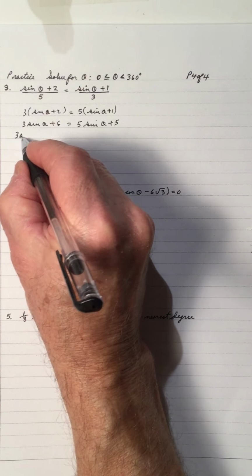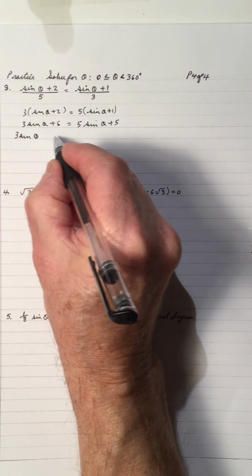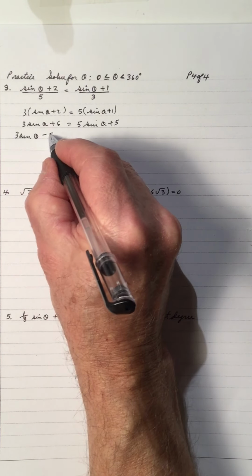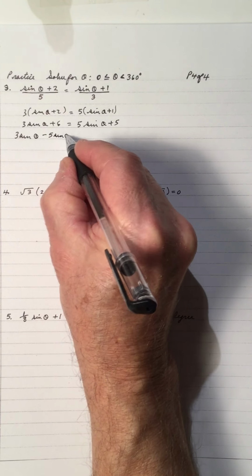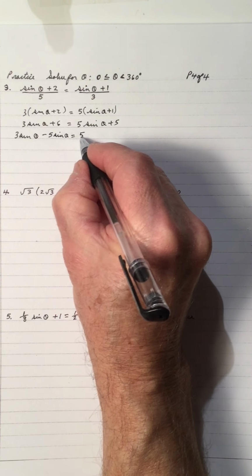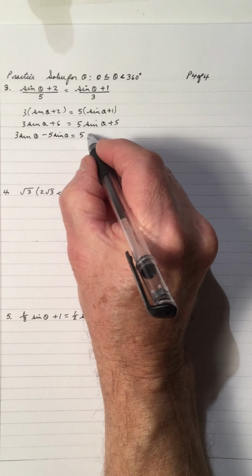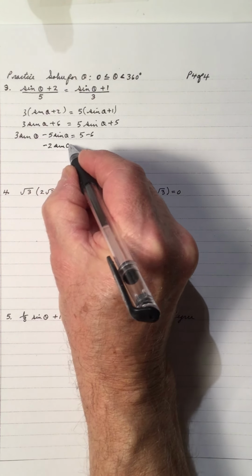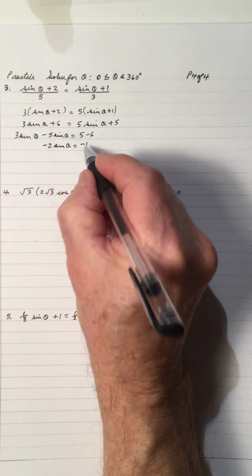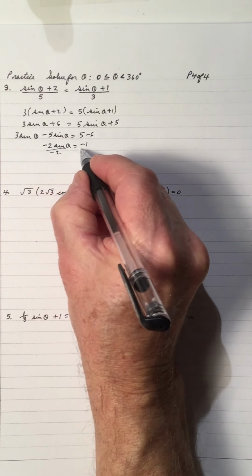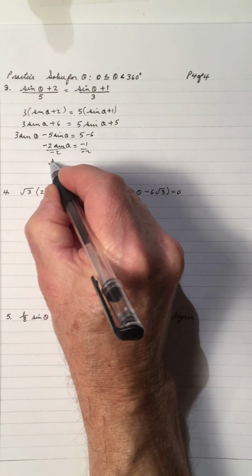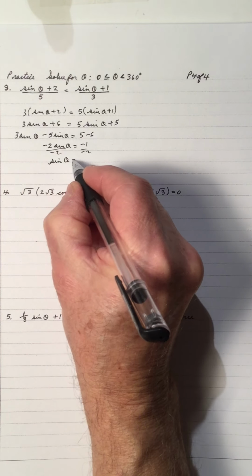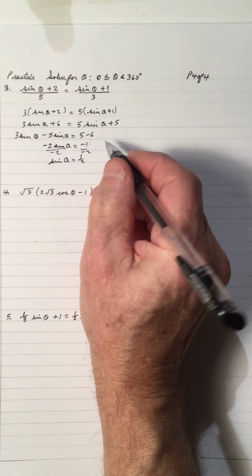And the sine thetas go to the left. 5 becomes a minus when we move it to the left. 5 sine theta. 6 moves to the right, becomes a minus. So it's a negative 2 sine theta equals negative 1. Divide by negative 2. So sine theta equals 1/2.